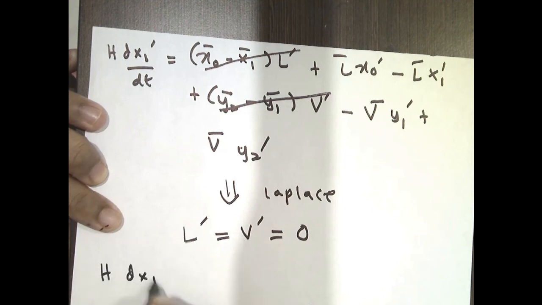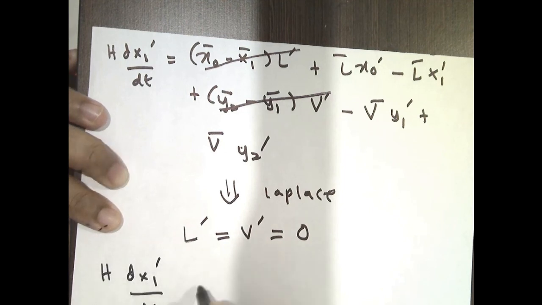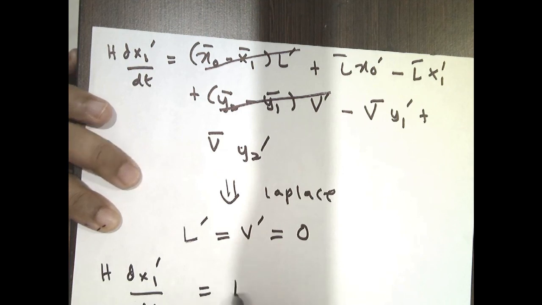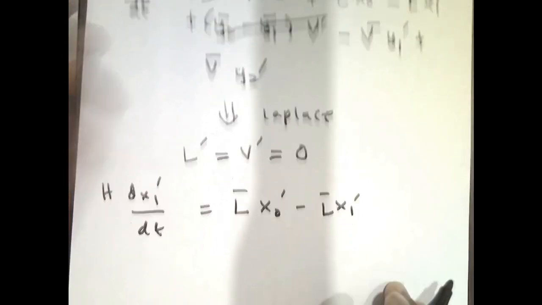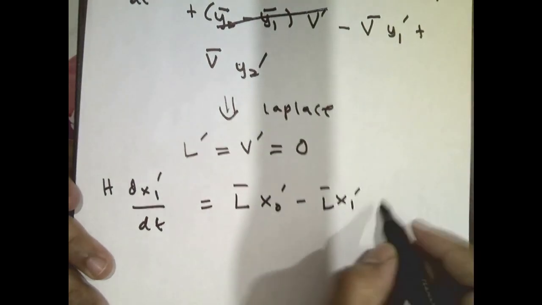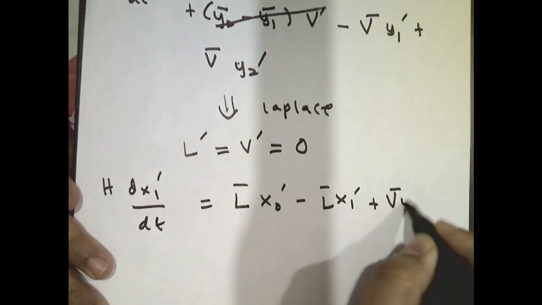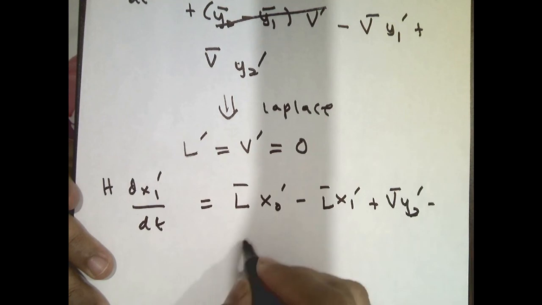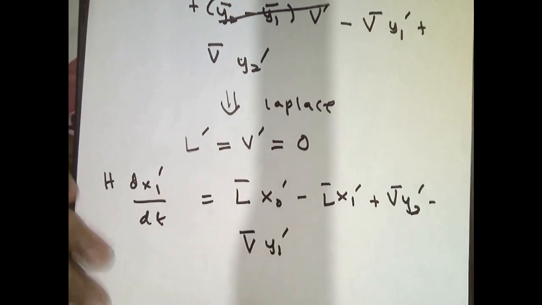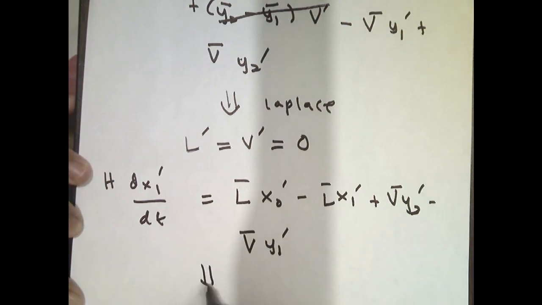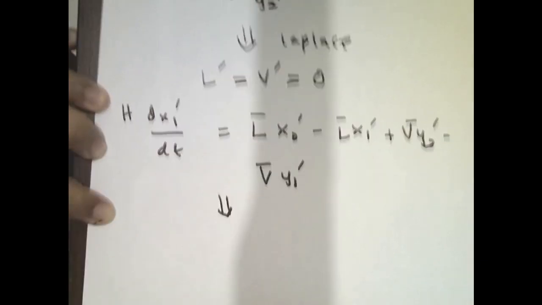Okay, so what is left now is only h dx1 over dt equals to L bar x naught prime minus L bar x1 bar prime, and then plus v bar y2 prime minus v bar y1 prime. So this one we convert into S domain or Laplace transform.